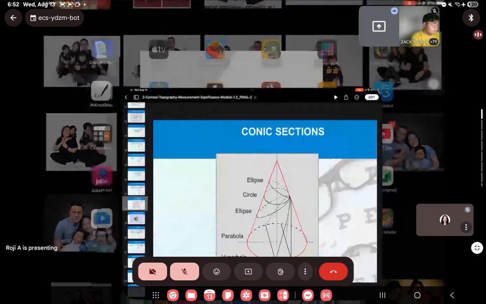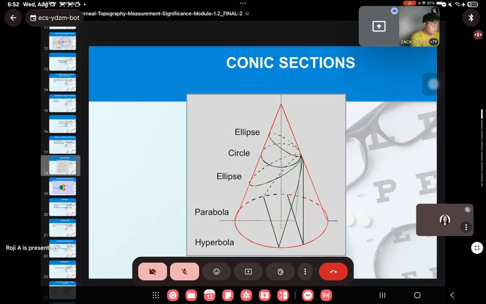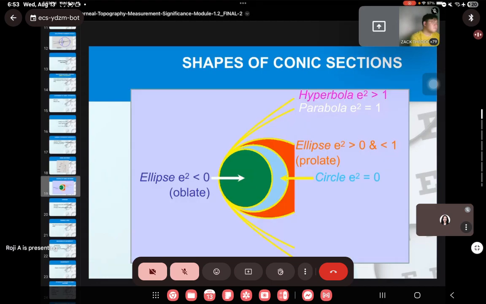Let's carry on then. That's why we have to study the conic section, because this represents the amount of flattening of your patient, so that you would know the parameter, therefore the measurement, therefore what you will order, right?